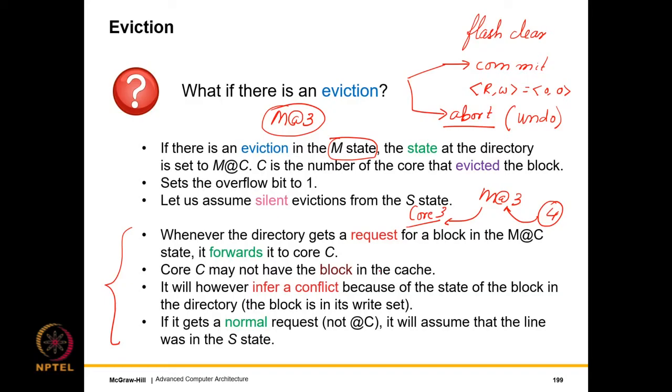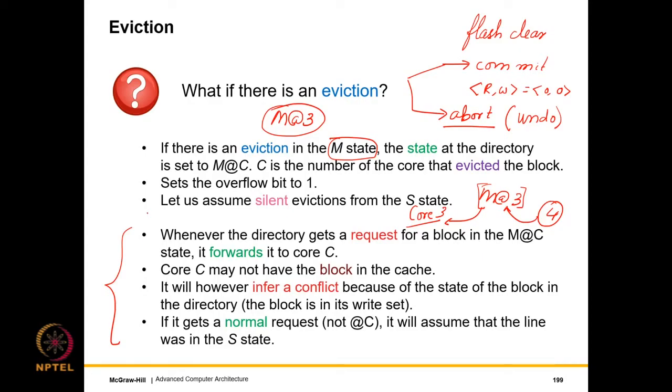So in this case core 3, but we are calling it core C actually. Core C may not have the block in the cache. The reason being it may not have it in the L1 cache because it is displaced to L2. It will nonetheless infer a conflict because of the state of the block, because the directory is also sending its current state of the block along with the message.